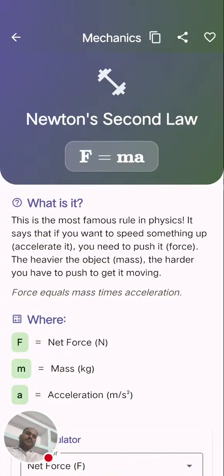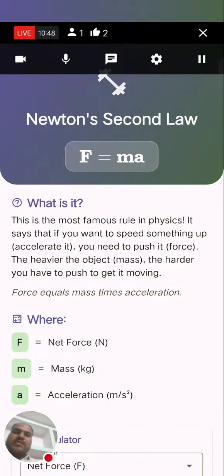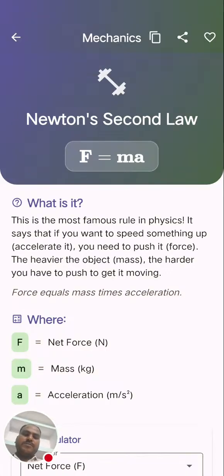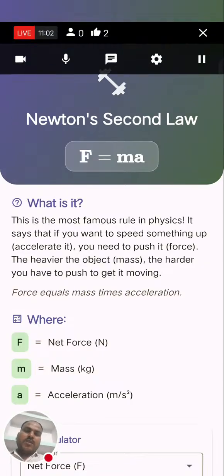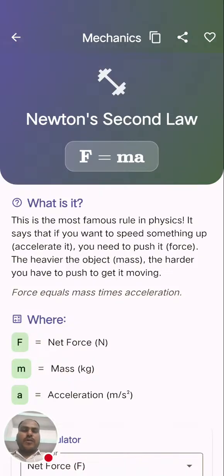Newton's first law is, when a body is at rest, then it will remain at rest unless we apply an external force over the body. That is the first law of Newton, and this law is also known as the law of inertia.